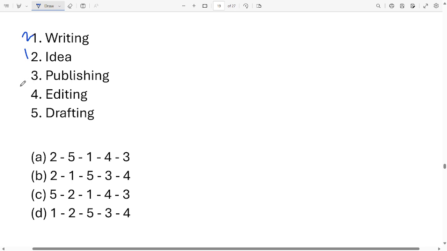Then drafting. Then editing. And then publishing. Let's see which combination has 2, 1, 5, 3, 4, which is option B.